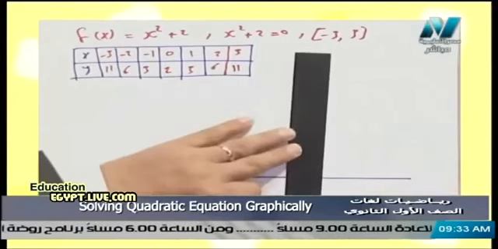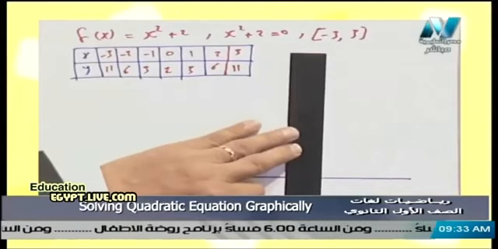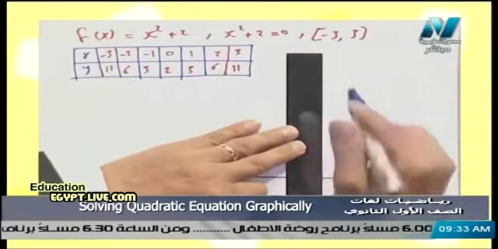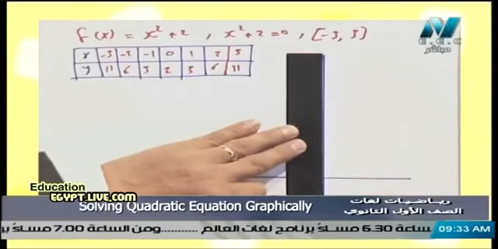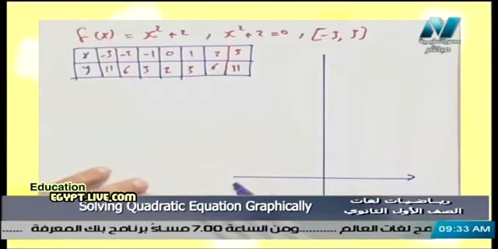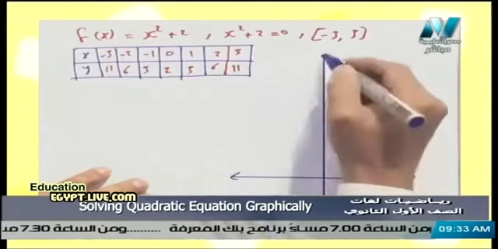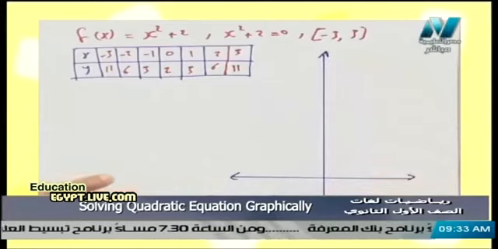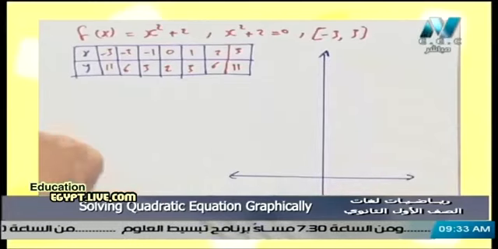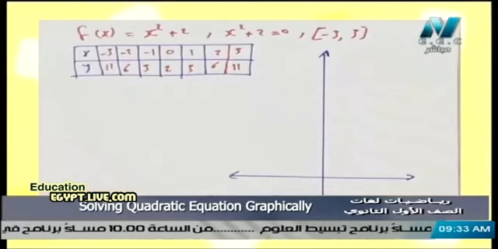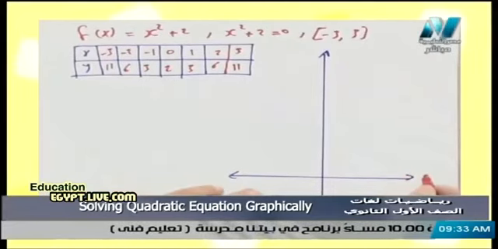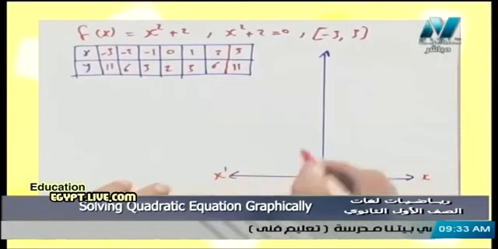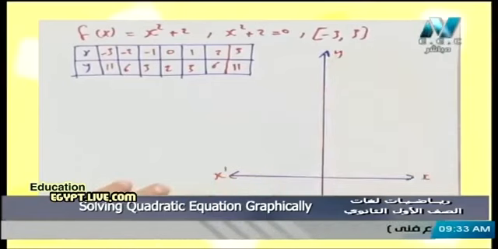This is x-axis and this is y-axis. You have a notebook graph, so it will be easier for you than me. We have here x, x dash, y and y dash.